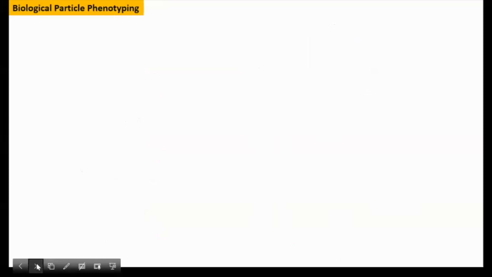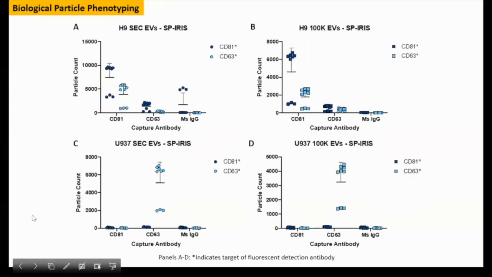After counting these EVs from the biological samples, we phenotype them, and fluorescence measurement for biological particles was done with 3 platforms. As Emily already mentioned, we don't have the option to do fluorescence investigation using MRPS. Therefore, we restricted this work to SPI-RES, NTA, and nano-FCM.